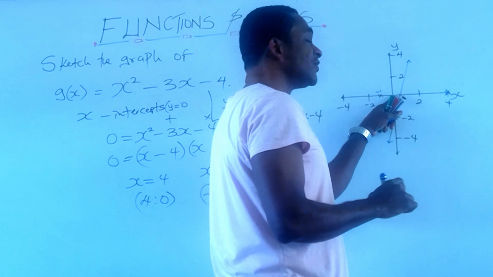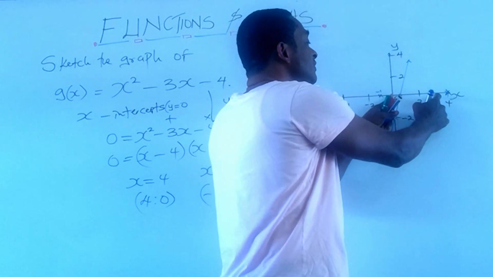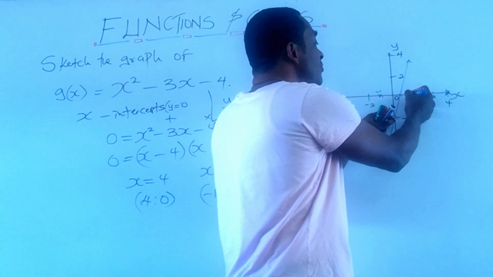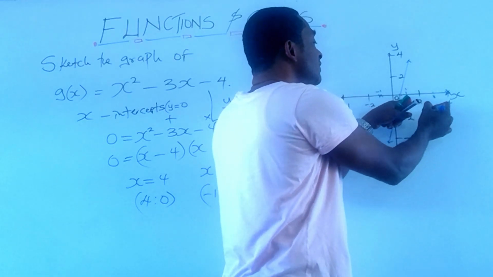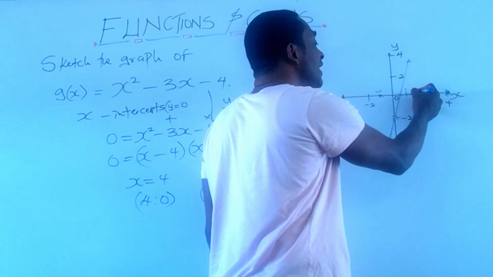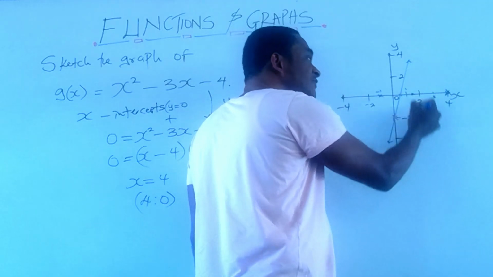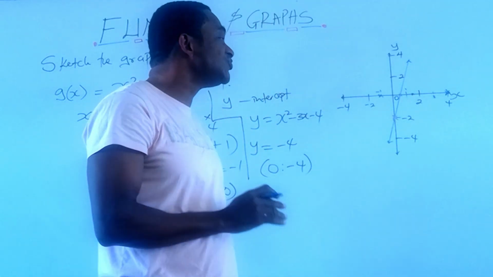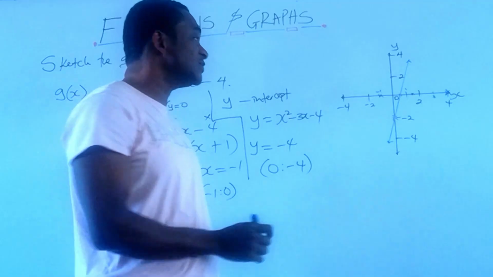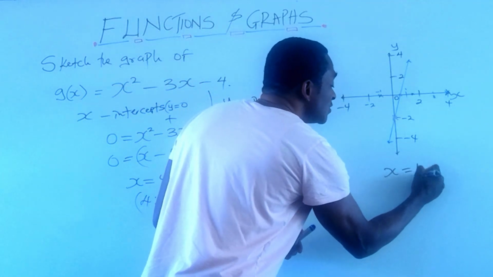From negative 1 to 0 is 1 point, 4 to 3 is 1 point, 0 to 1 is 1 point, 3 to 2 is 1 point. So if you count equal distances, the middle of this is the x value of the turning point. So if we can see here, the x value of the turning point, x equals 1.5.